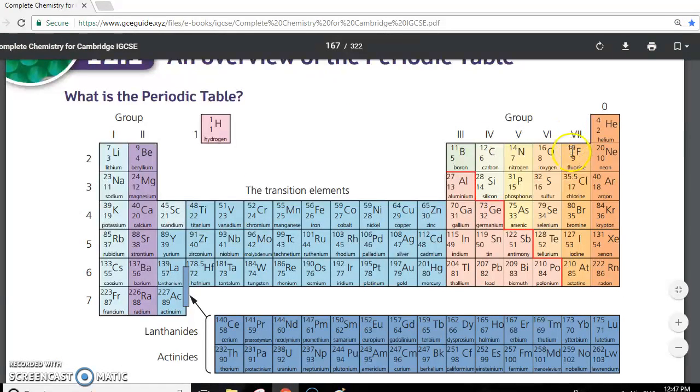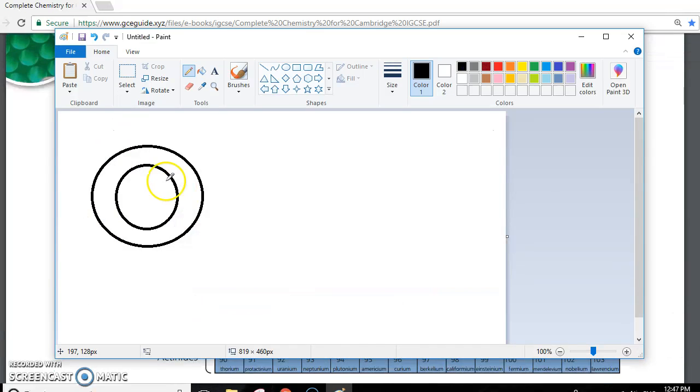Let's just pick one. Let's do boron. So boron has 5 protons, so this is boron. Oh, great handwriting. Should have just done the symbol.